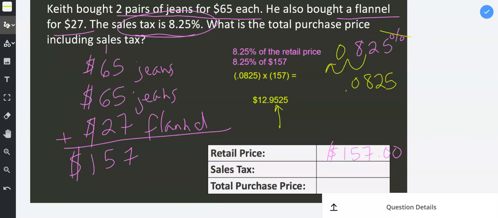So it goes tenths and hundredths. So that means that the 2 is the decision maker. So does the 2 make it so that it stays $12.95? Or is our price going to go up to $12.96? Well, if this number is a 4 or less, you let it rest at $12.95.